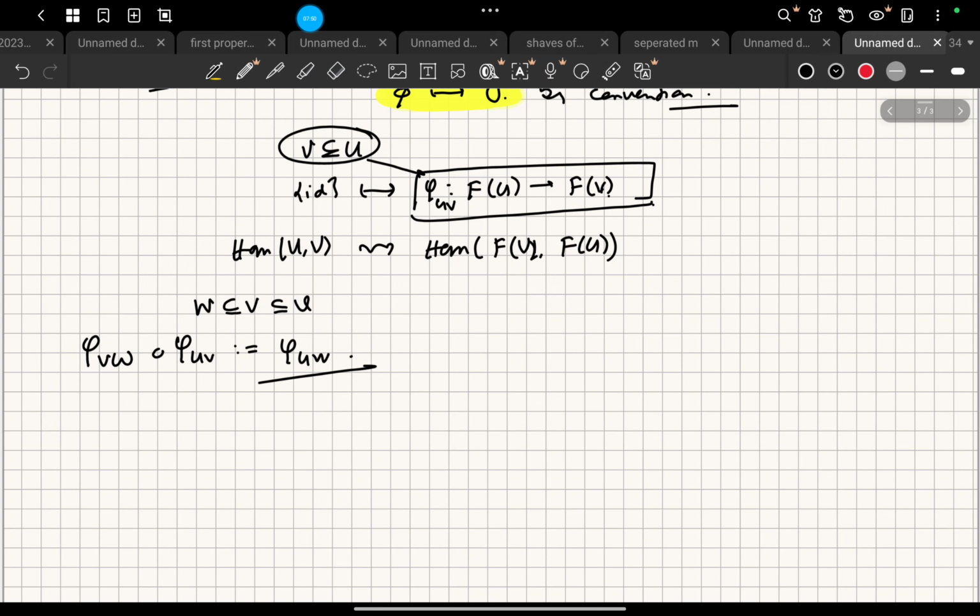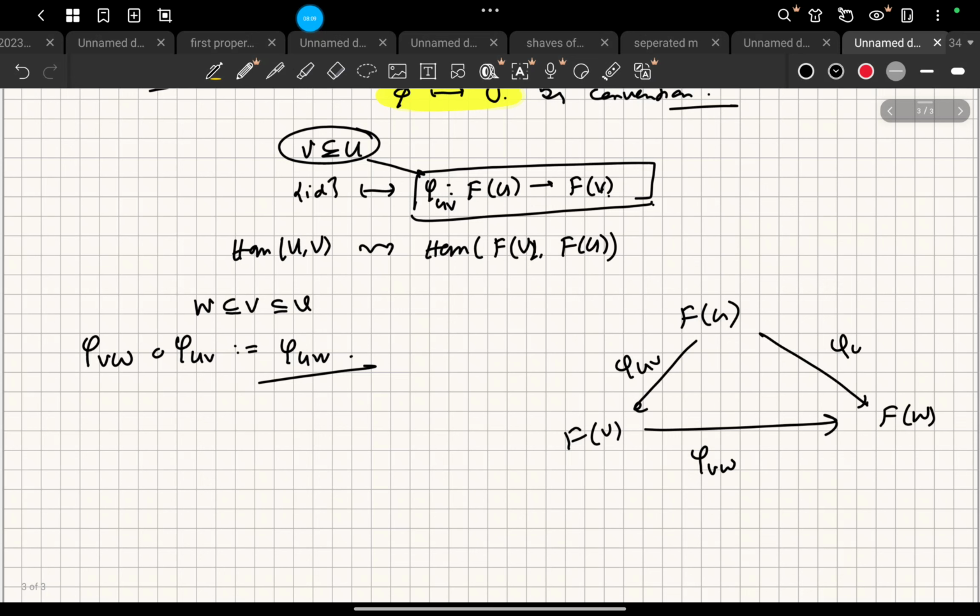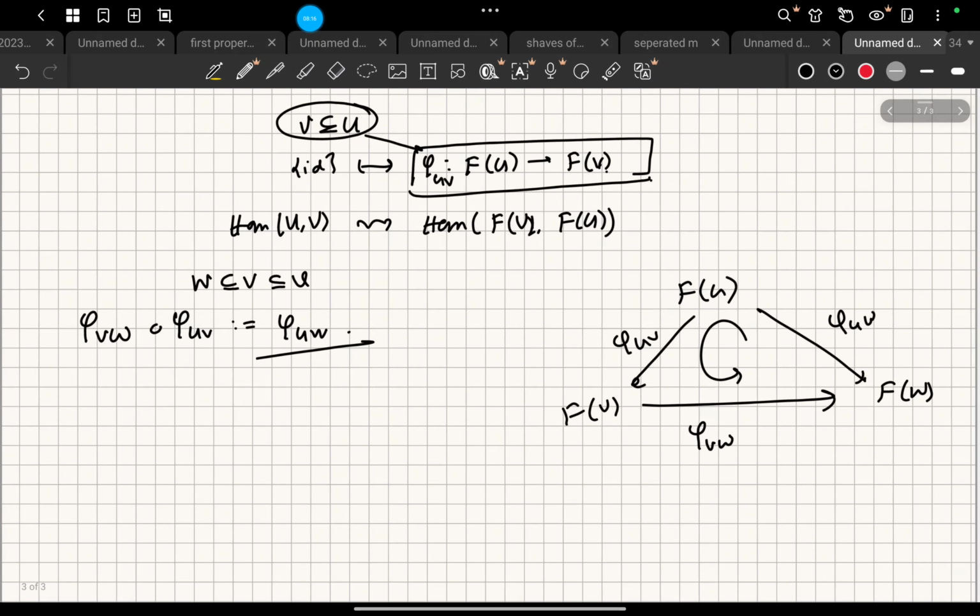Let's say here we have F of U, here F of V, here F of W. From F of V to F of W there is phi VW, from F of U to F of V there is phi UV, and from F of U to F of W there is phi UW. So this diagram should commute. This is the composition law.